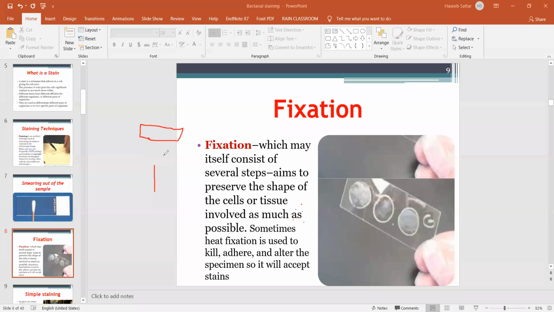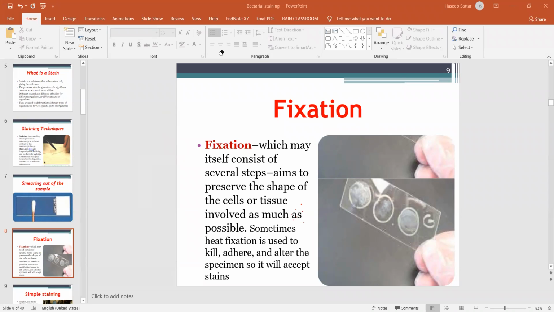It should be fast, like this, not slow. If you are slow, the heat will kill the bacteria and there will be no result. That is why these are the precautions you have to take for fixation.